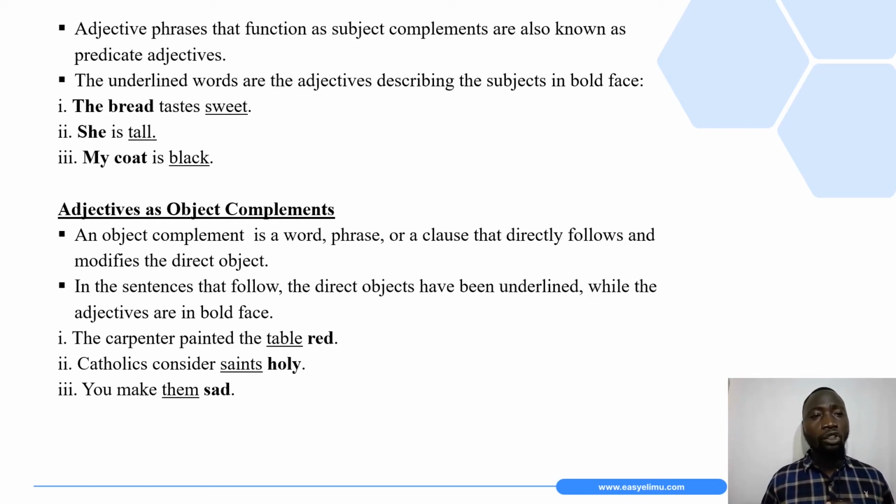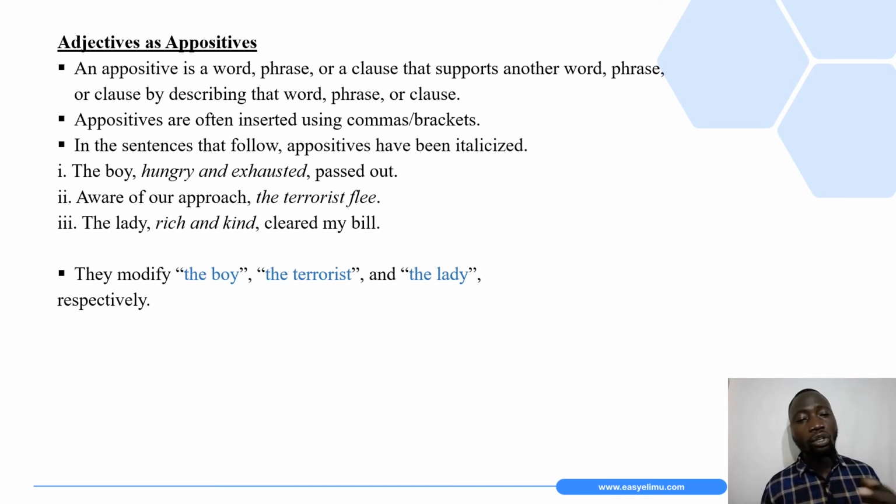So on to the next thing. Let us look at functions of adjectives as appositives. We can also have adjectives in sentences functioning as appositives. Before we look at examples, let us first ask ourselves, what are appositives?